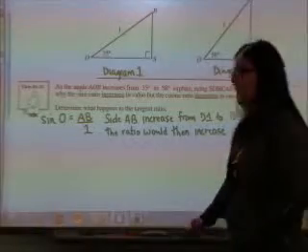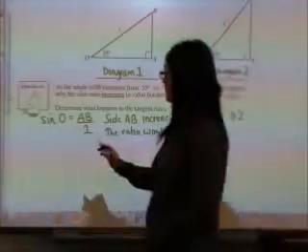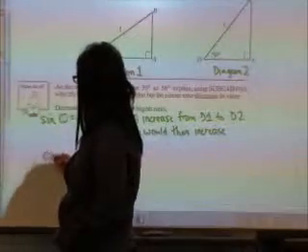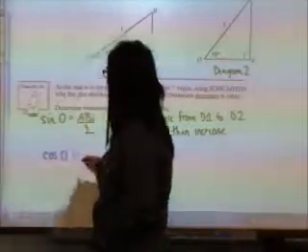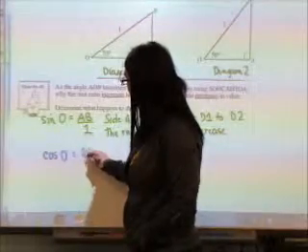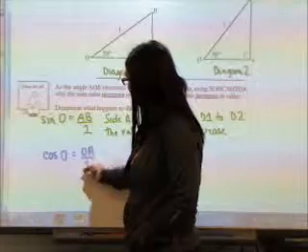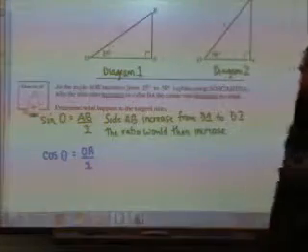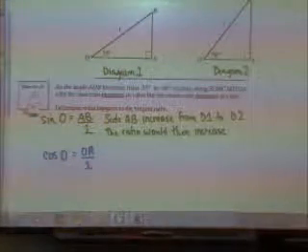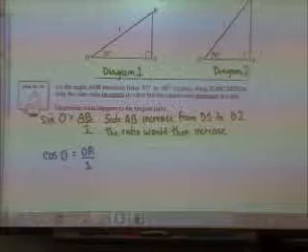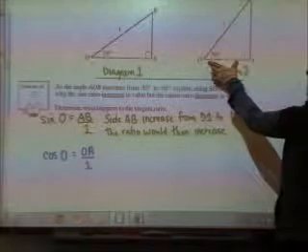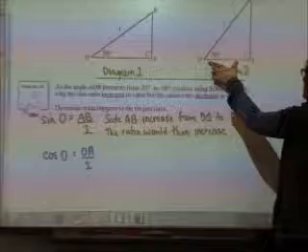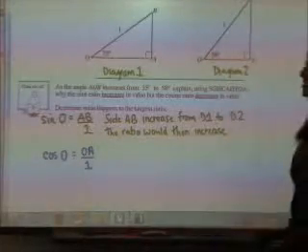So then if we looked at cos of angle O, it is the adjacent side over the hypotenuse. Well, as I go from the first diagram to the second diagram, what happens to the side length OA? It gets smaller.